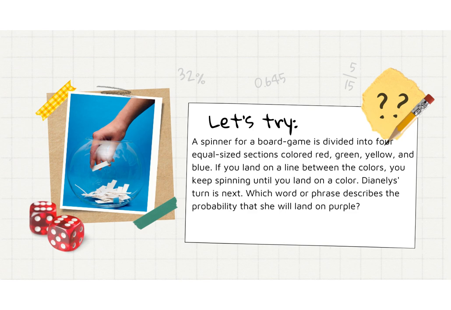Well, there are 4 sections, so there are 4 possible outcomes, and only one of them is purple, so that is 1/4. Now, if I change that into a decimal, that would be 0.25, which falls between 0 and 50%, so that is an unlikely event.